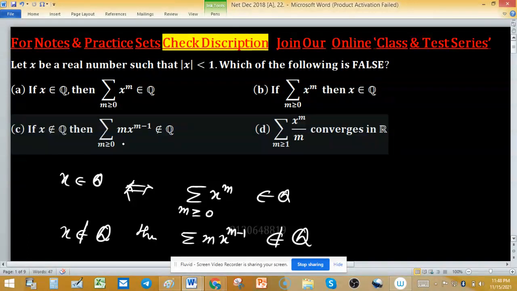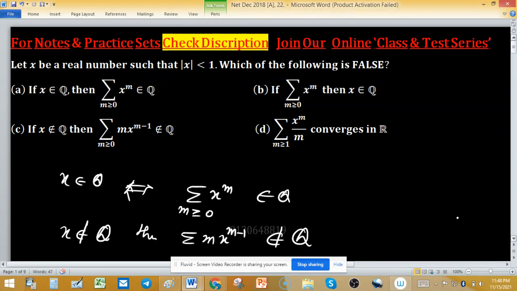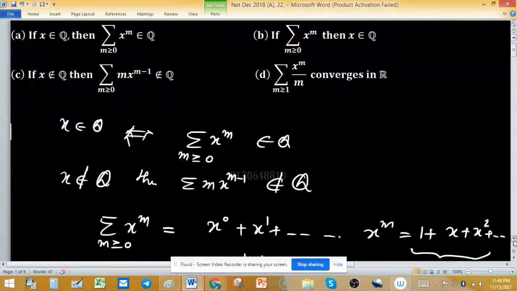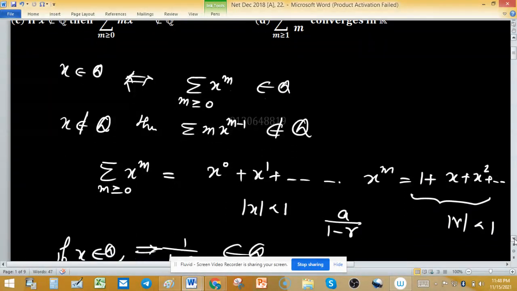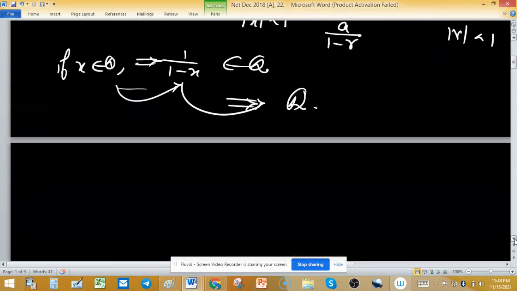First we are trying to solve option D because it seems easy, since we have to check convergence of the series. The series is summation x raised to the power m upon m, and the condition is m greater than or equal to 1. So you can write a_m as x raised to the power m upon m.